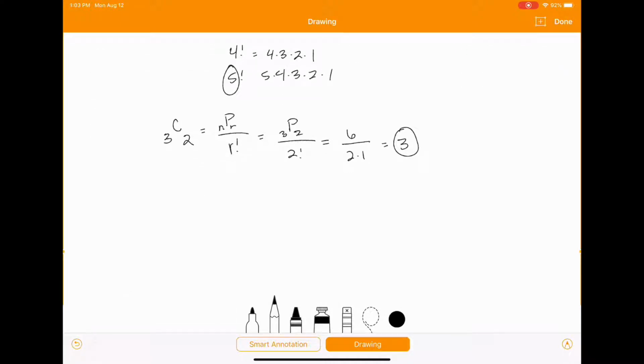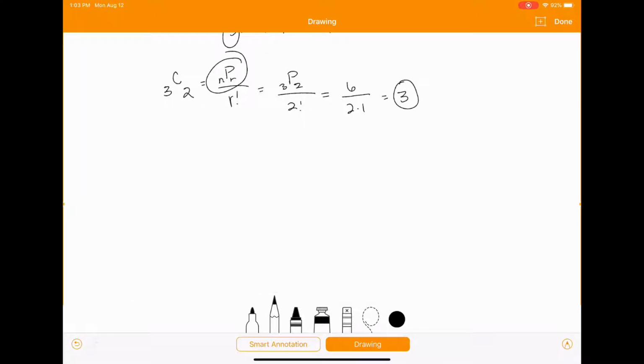Now, if you haven't found your permutations for something yet, you can actually simplify your combination equation. Normally our generic combination equation is going to be C n, r equals P n, r over r factorial. But we know the permutation equation is n factorial over n minus r factorial, all over r factorial.